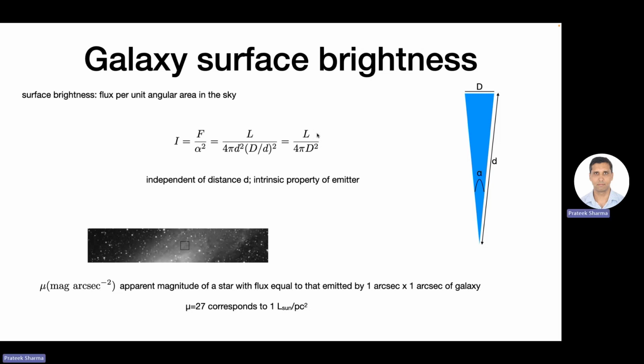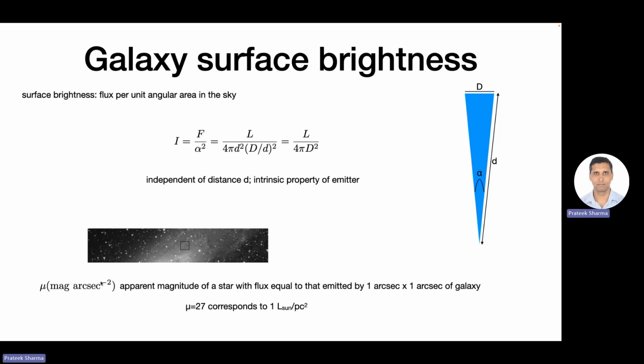The standard unit in astronomy texts for surface brightness is this mu, which has units of magnitude per arcsecond squared. And this, of course, is also independent of the distance at which you put the emitter.